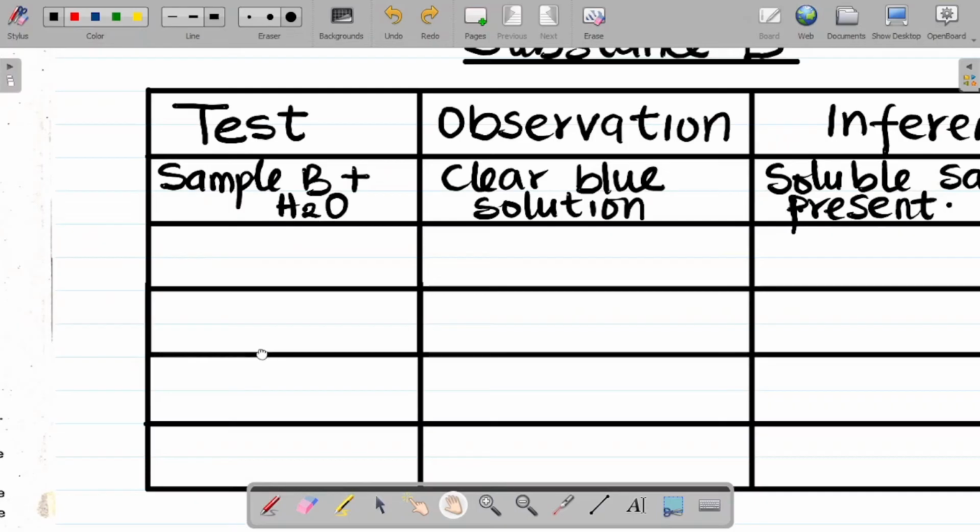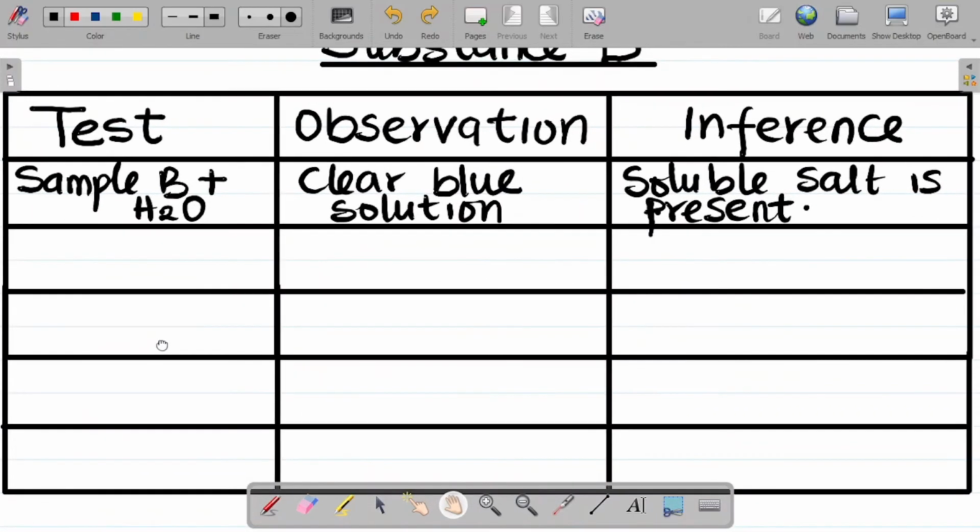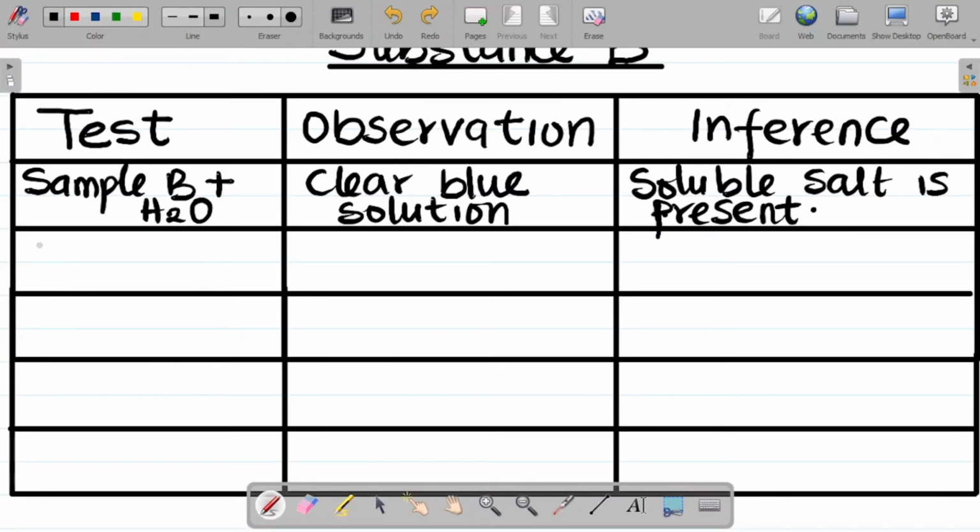So what I'll now have is not just sample B, but solution B, because it's now sample B in water. So it becomes solution B plus sodium hydroxide.